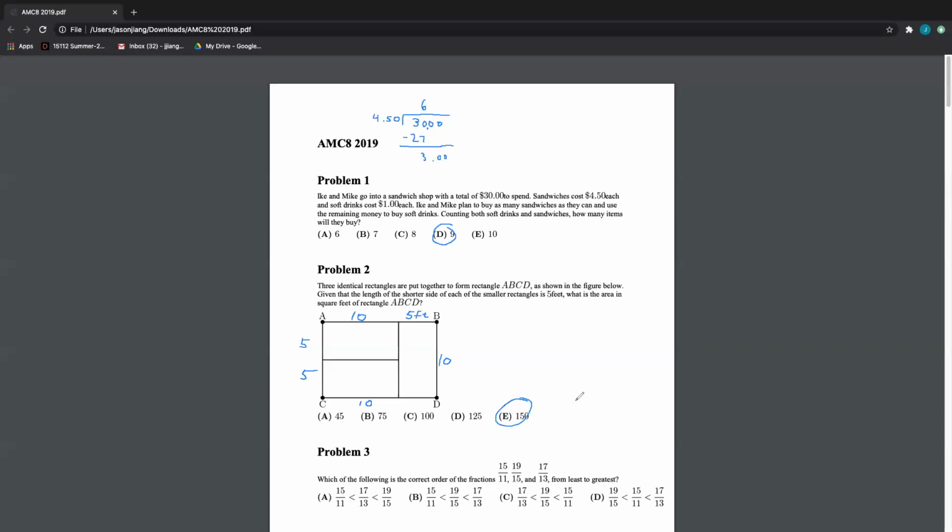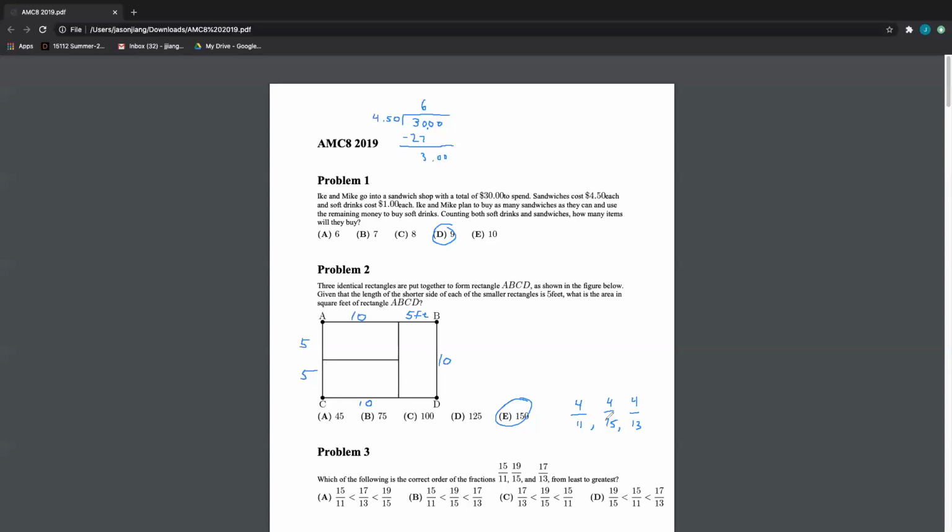So 15 over 11 would become 4 over 11. 19 over 15 becomes 4 over 15. And finally we have 4 over 13. So we've subtracted 1 from everything and we're left with a 4 on top for every number. So that's good because now we can just compare the denominators.